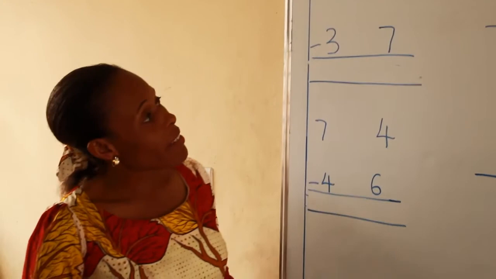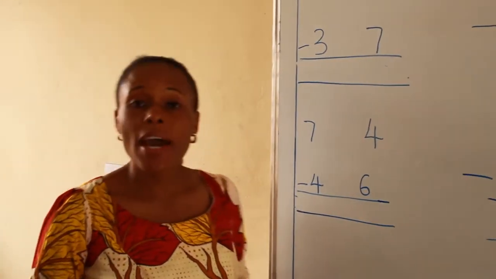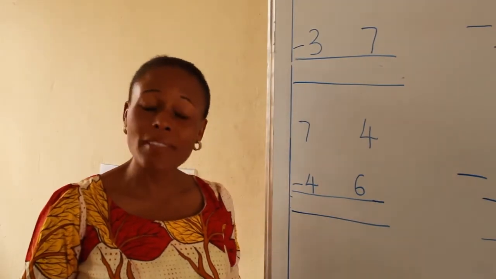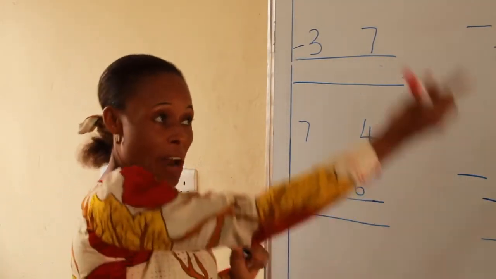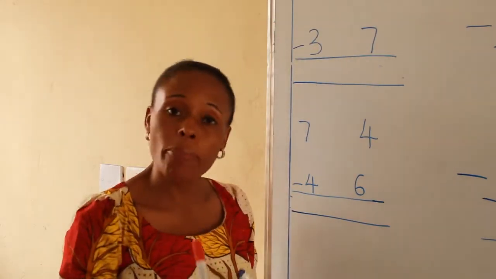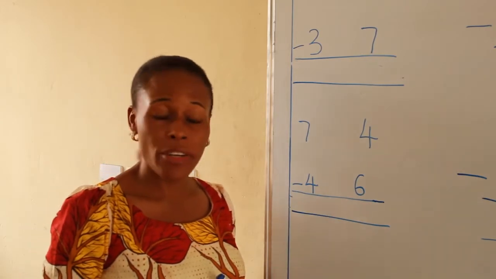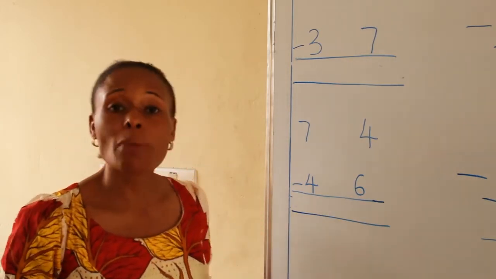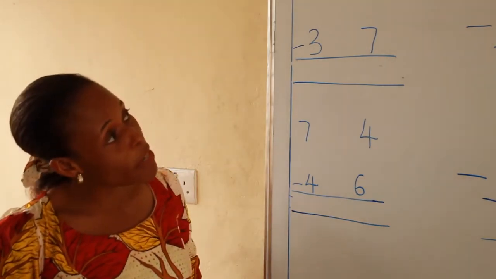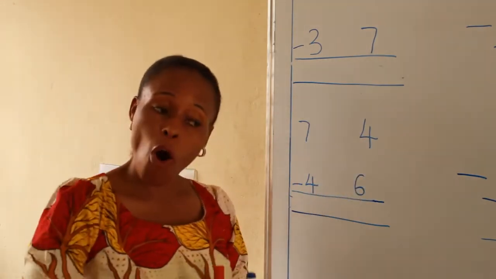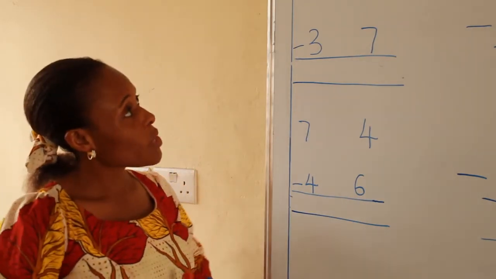The last time I told you about dynamic addition, and I said dynamic addition involves carrying over one number. But today we are going to be learning dynamic subtraction, of which I have said subtraction means take away, or to remove, or to minus.